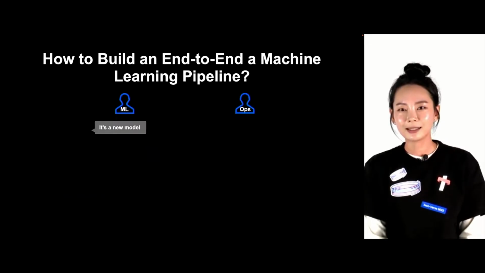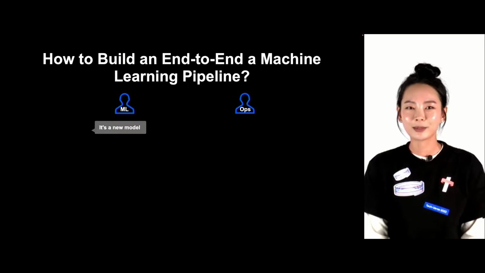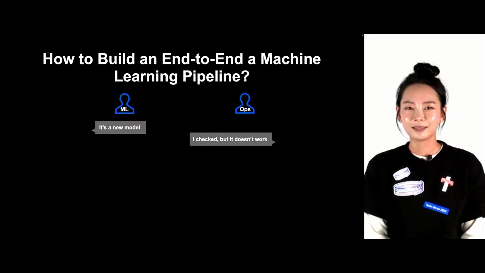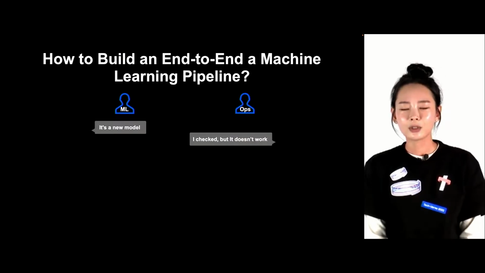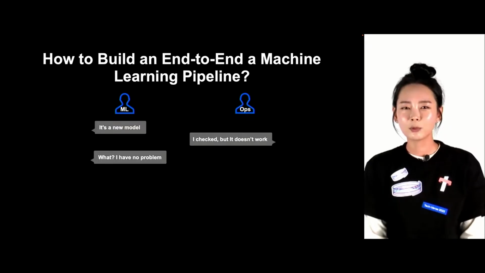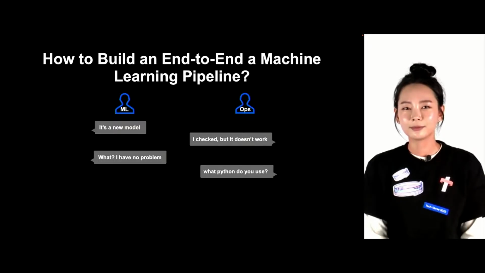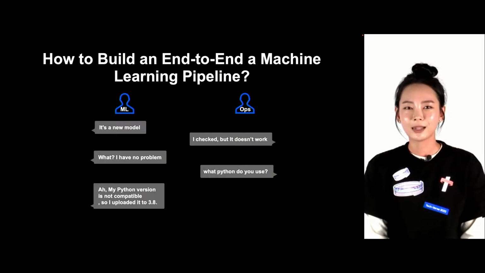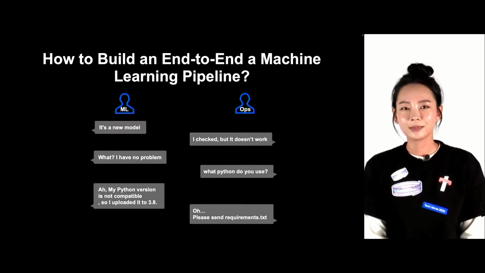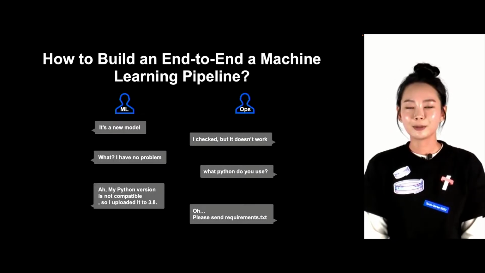And the model developer and the service developer engage in this conversation. It's a new model. Well, the model's not working. Oh, that's weird. Well, it's working on my side. What version of Python are you using? I use 3.8. Well, can I have the entire requirements? Is this something familiar to you?